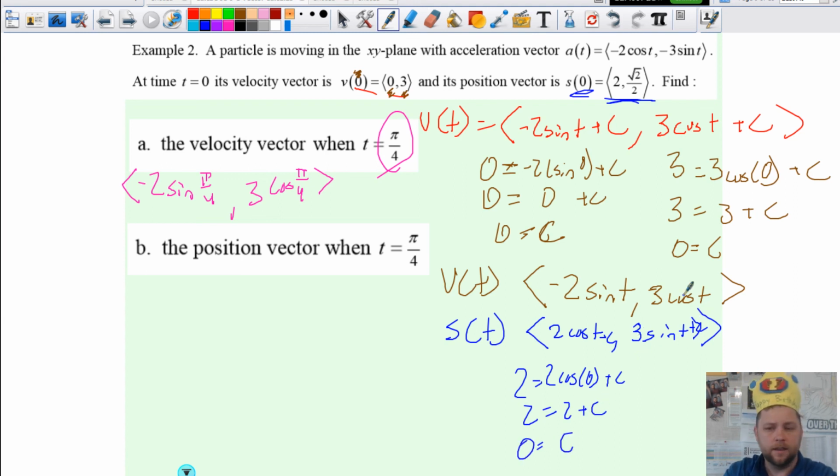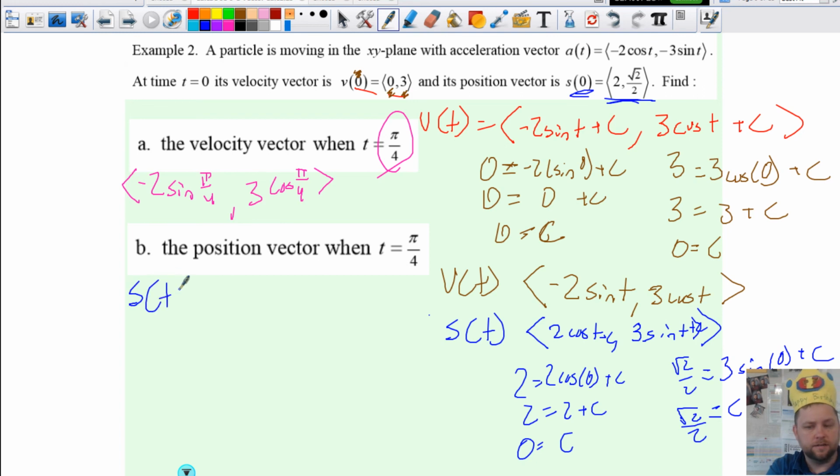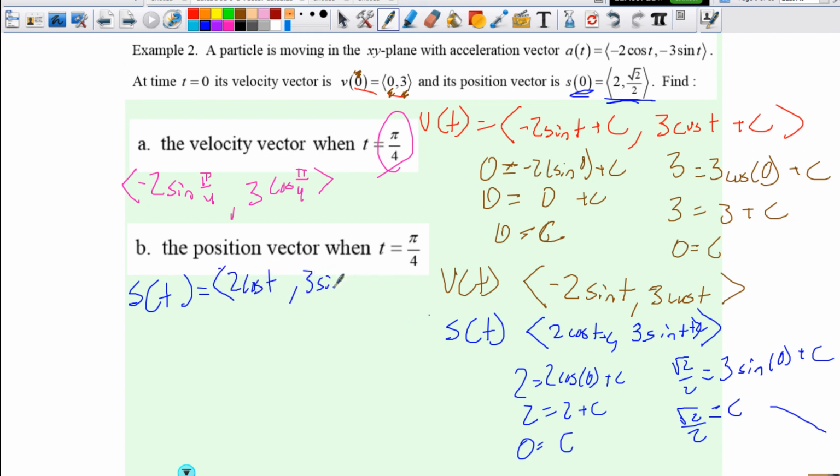That's easy. And on the other side, we'll move this picture out of the way. We're going to say square root of 2 over 2 equals 3 times sine of 0 plus c. Sine of 0 is 0, so c equals square root of 2 over 2. So my position vector s of t, sorry you couldn't see that, is going to be 2 cosine of t, comma 3 sine of t plus square root of 2 over 2.